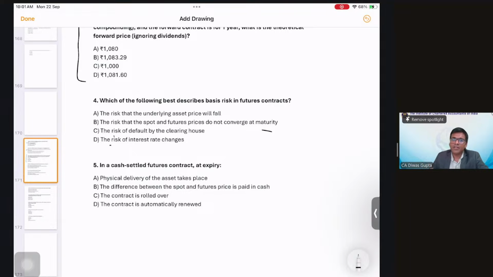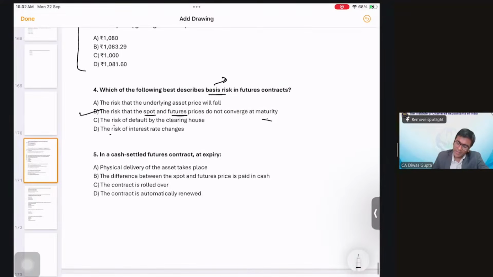Is anyone attempting? Okay, people are responding. Saminathan, Sanjay. Which of the following best describes the basis risk? Basis risk is basically the changes in the interest rate risks, right? Okay, what I'll do, basically we have not covered this though. So the basis risk is the risk that the spot and the future prices do not converge at maturity.